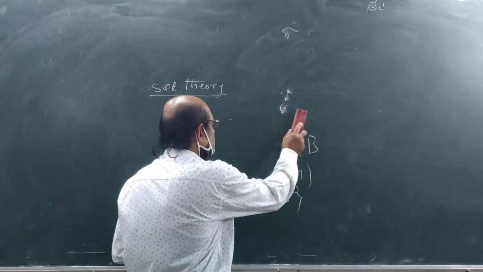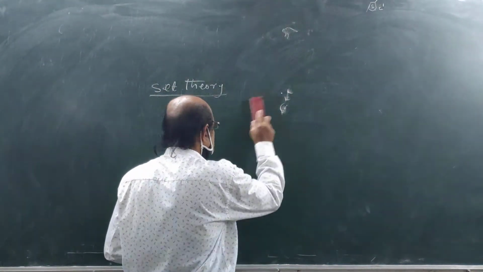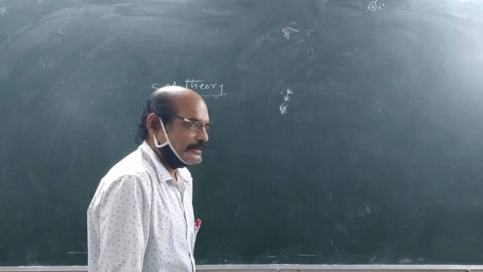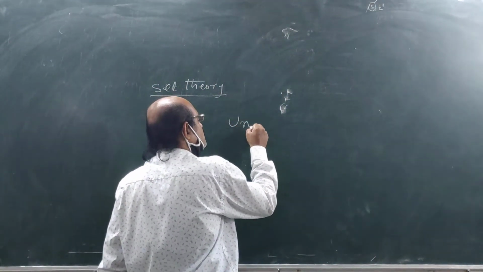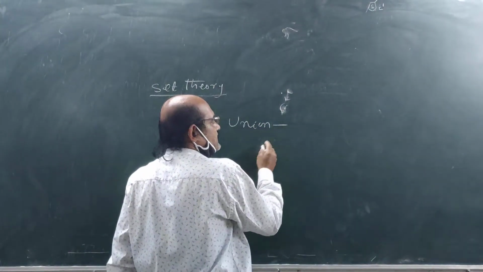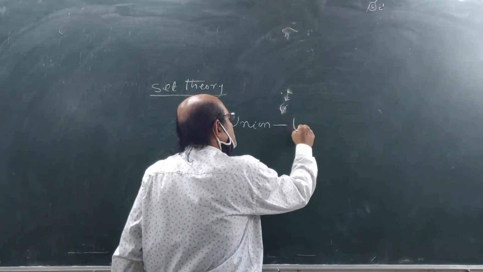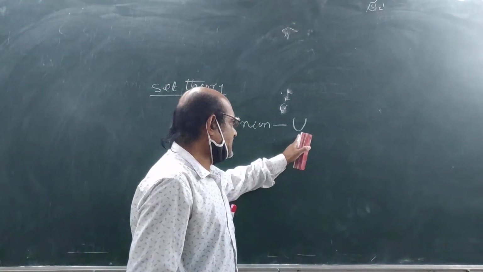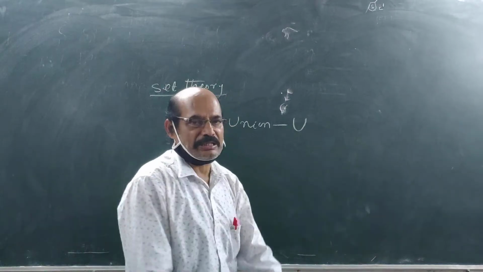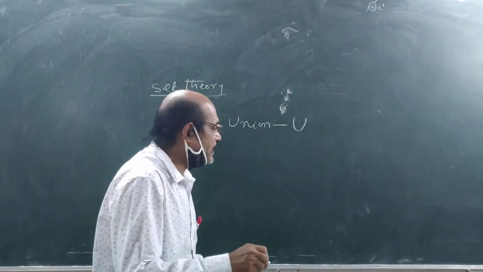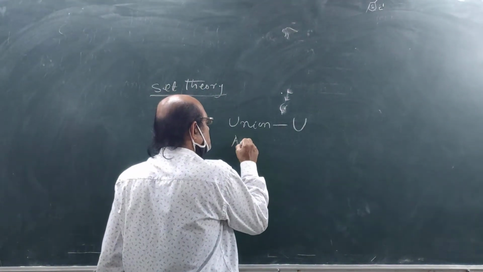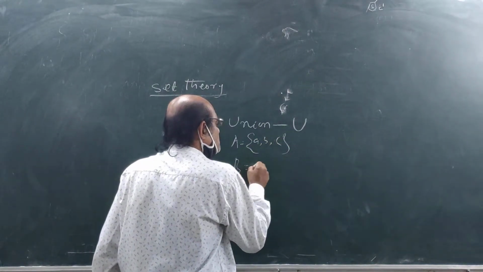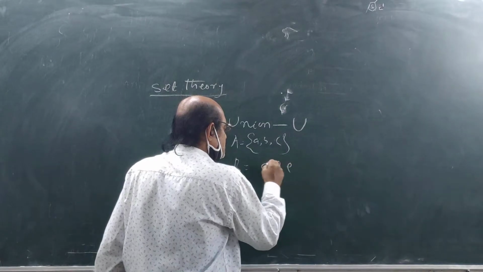Okay. Now we will discuss the next portion, which is known as union. That is represented by the symbol ∪. In Hindi, it is called sanyog set, meaning union set. What is a union set? For example, A is equal to {a, b, c} and B is equal to {c, d, e}.